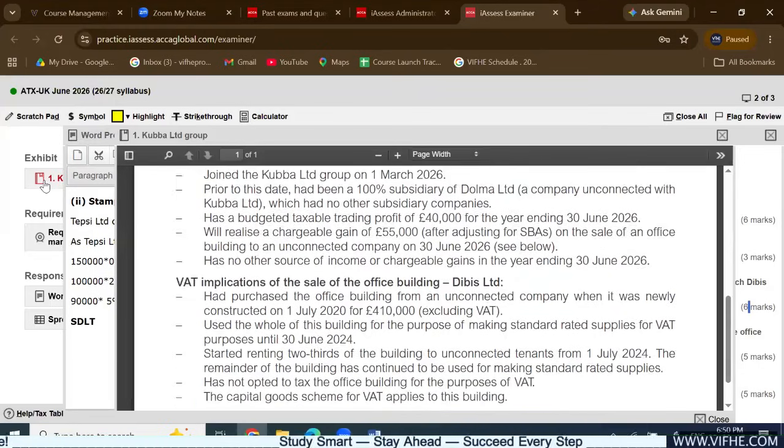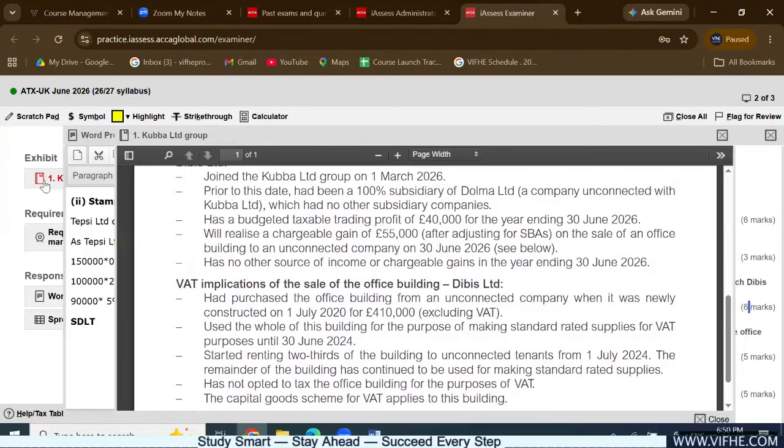See, this is basically the situation in respect of the VAT capital goods scheme. In this case, when the office building was purchased back on 1st of July 2020, when it was newly constructed, it was a new building and it got purchased, its price was £410,000 and it was a VAT exclusive figure.